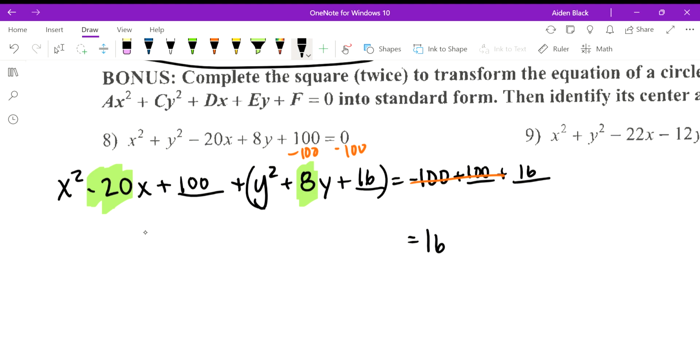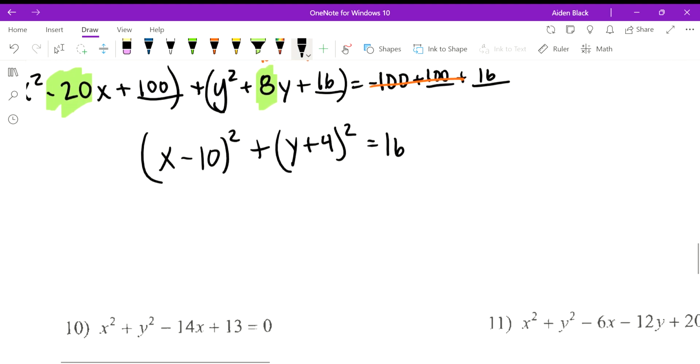And then the whole point is to complete the square. This is completing the square. In short, I just take half of this number, 8, which is positive 4, so I get this. And then when I'm completing the square, when I'm factoring this, I just take half of 20.